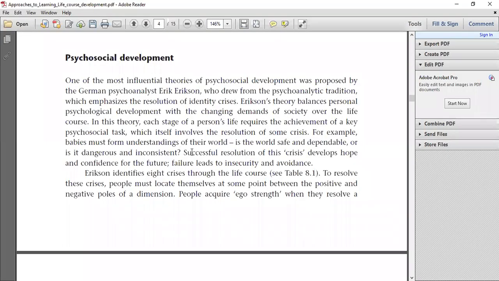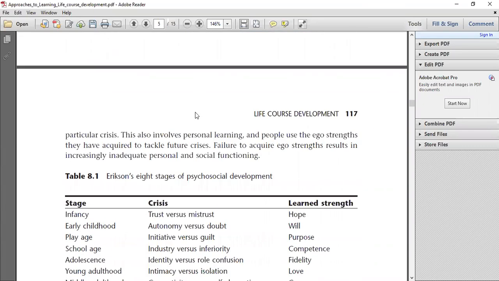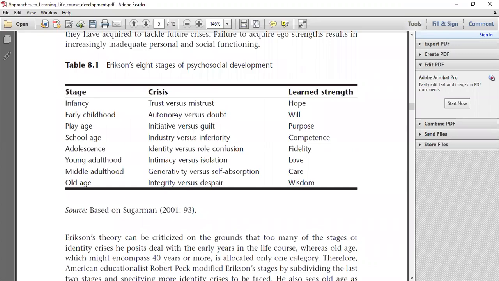Some of the developmental theories. Psychosocial development theory is Erikson's idea. Now, Erikson has given 8 different stages, or what he called crises. As you can see in this table, there are 8 crises: trust versus mistrust, autonomy versus doubt. Trust is positive, mistrust negative, autonomy positive, doubt negative.